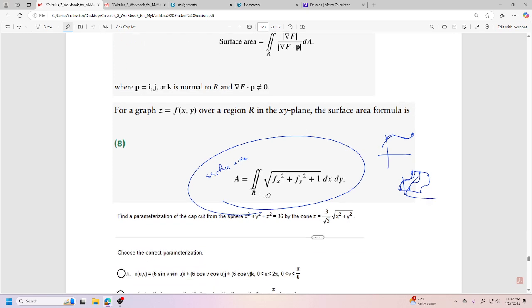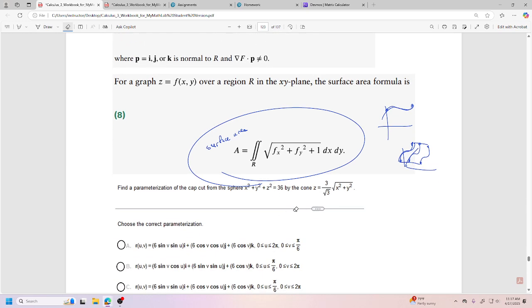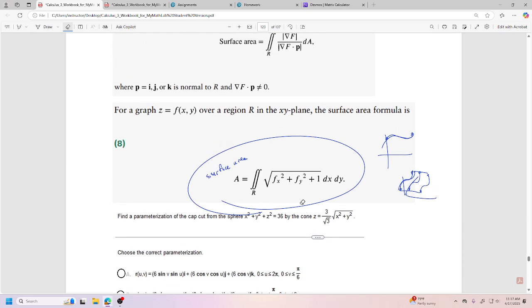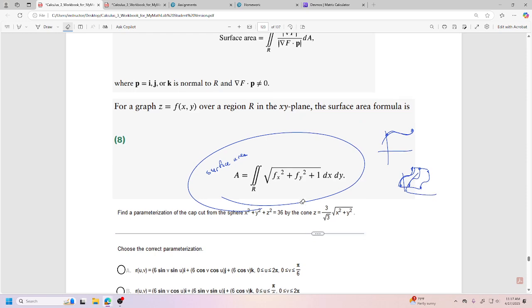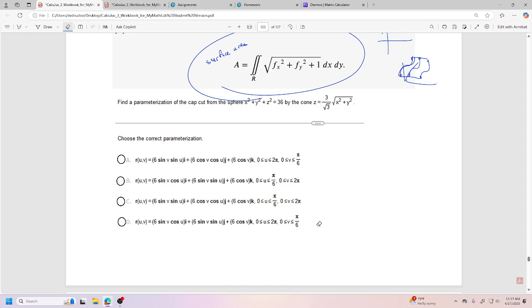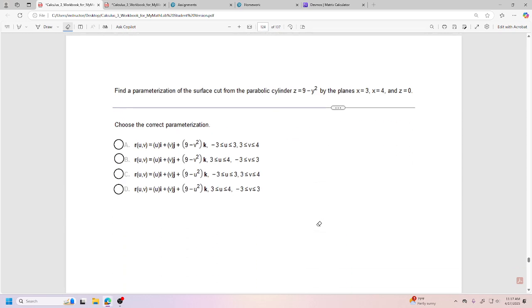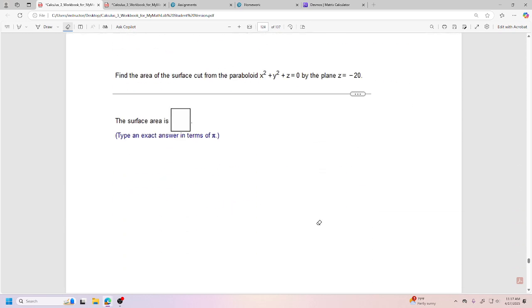Okay, so it's all about surface area. That's what the problems are about. So what is this hoo-ha? And then they do it again. And then we move on and actually find the surface area, which, if you look at this section, you find the surface area with that formula, easy every time.